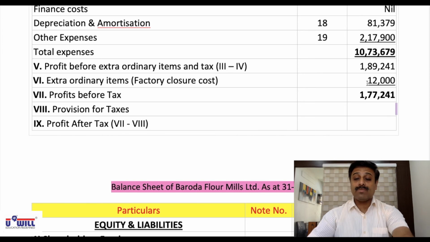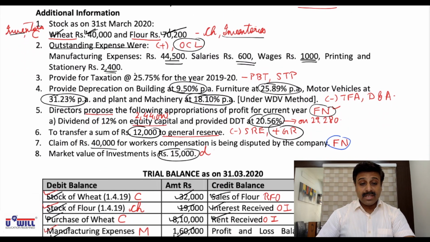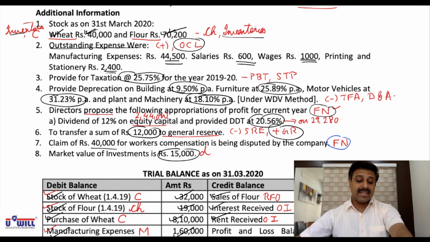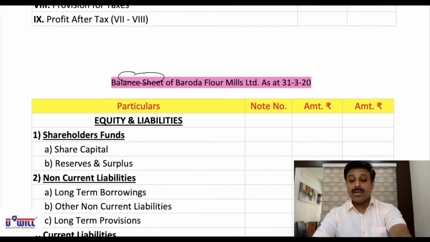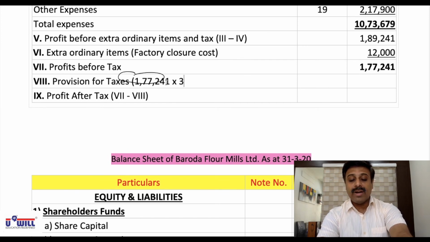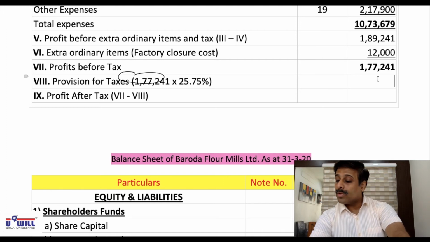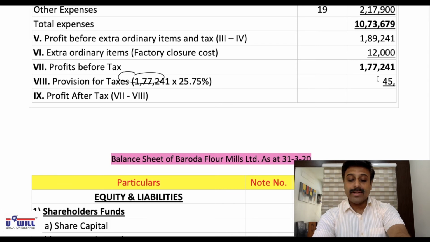From that we'll minus provision for tax. Now as per adjustment 3, the provision for tax is 25.75%. So 1,77,241 into 25.75%, that is 45,640 if you round it off.